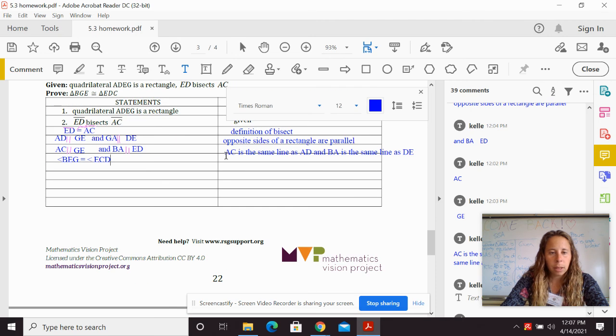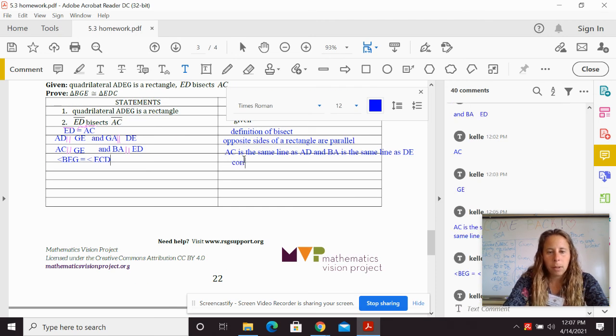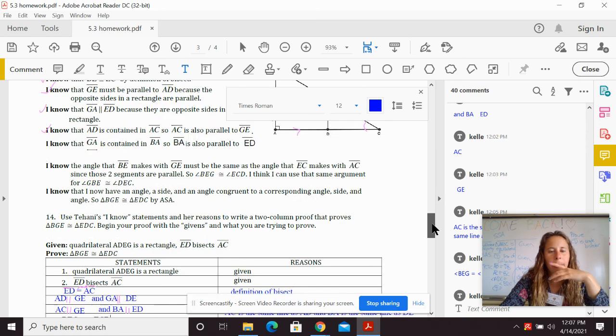So that is your reasoning. If I can write that, corresponding. Okay. I forgot what we were trying to prove. Oh, congruent triangles. Right.